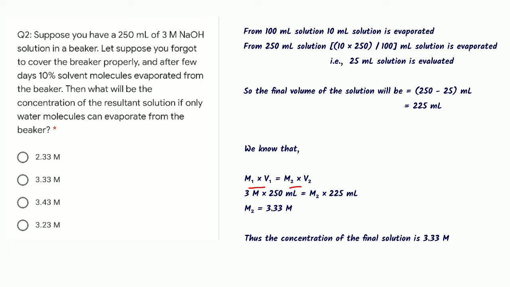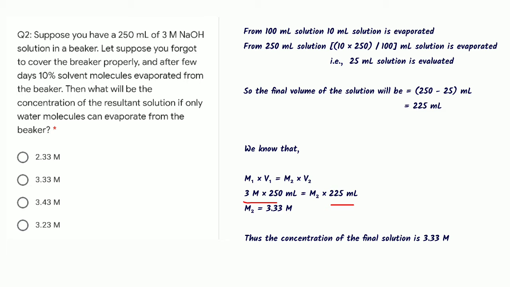Then we can just put the values here. You see what we have to find out? We have to find out M2, because we have to find the concentration of the solution after removal of the solvent. So in place of M1 we can put 3 molar, in place of V1 we can put 250, and in place of V2 we can put 225.